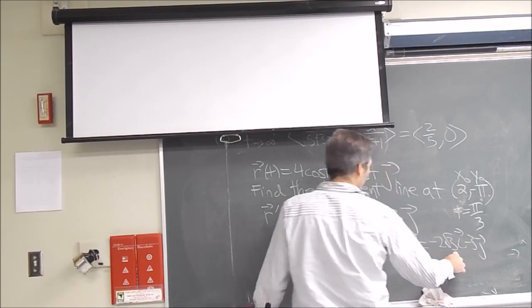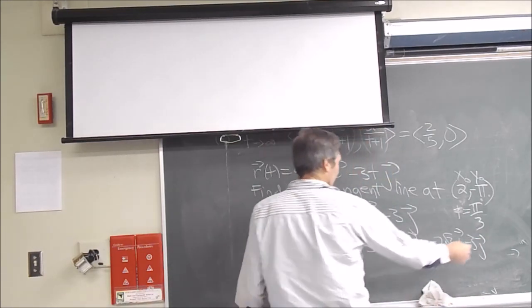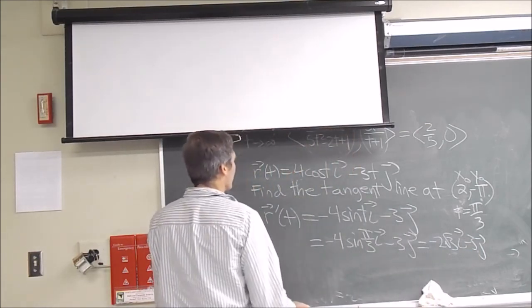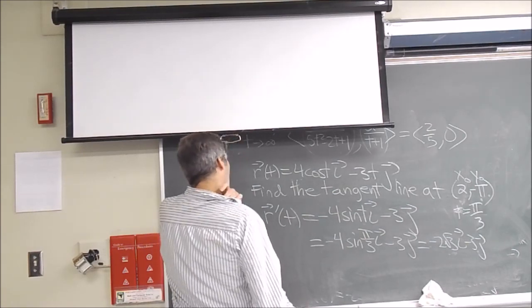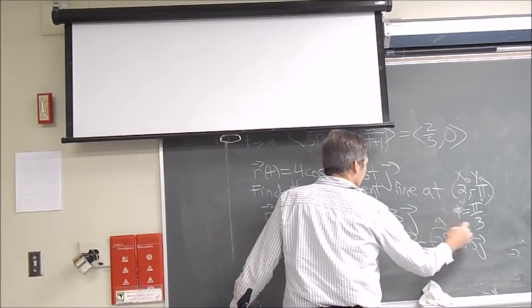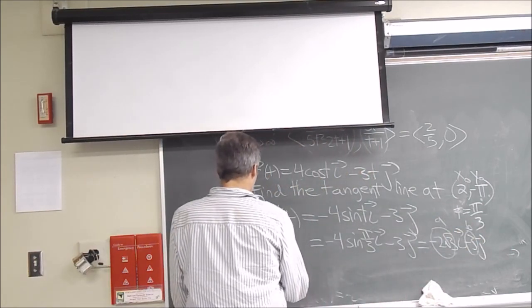So this is about 1.732, so this is about minus 3.5 here, and this is minus 3. The x component is a little more negative than the y component. But this is your a, and this is your b.